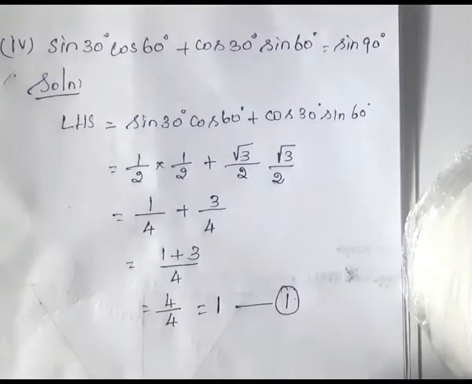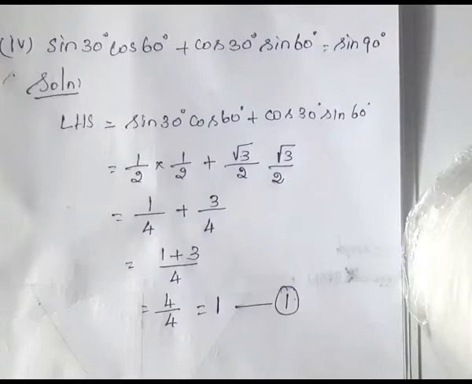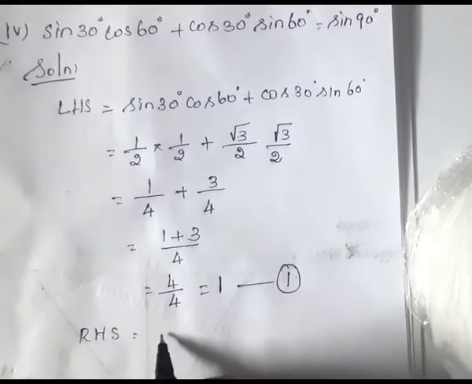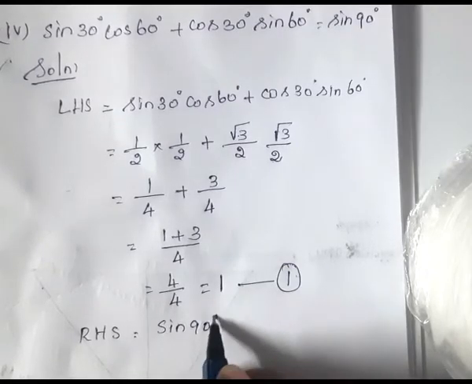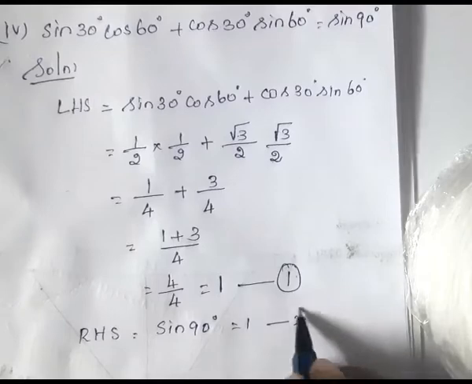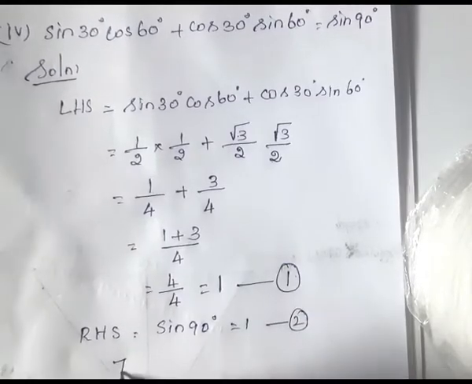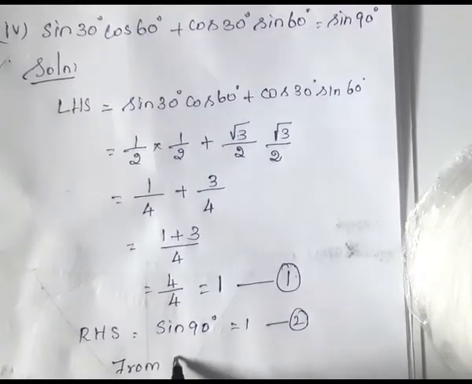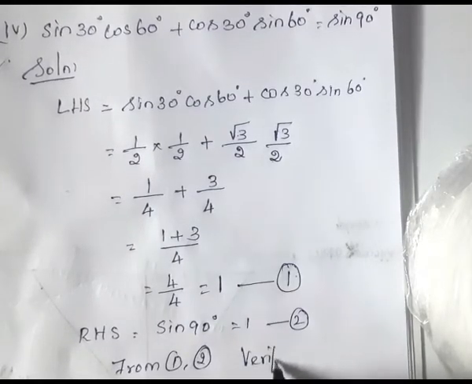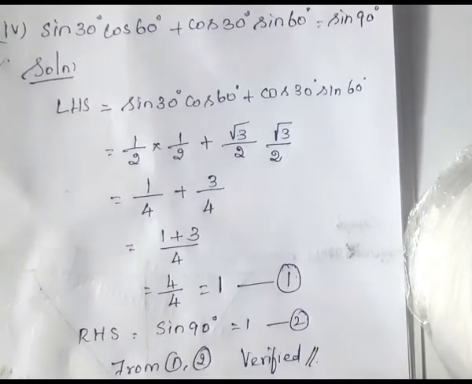Take as equation number 1. Take the RHS. RHS equal to sin 90 degree. Sin 90 degree value is 1. So from 1 and 2, verified.